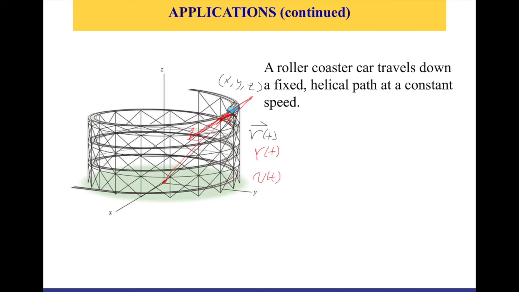And also we need to identify an acceleration vector, a of t. All of these are very important for us to identify, and that's why we're learning how to analyze a particle moving on a curved path.